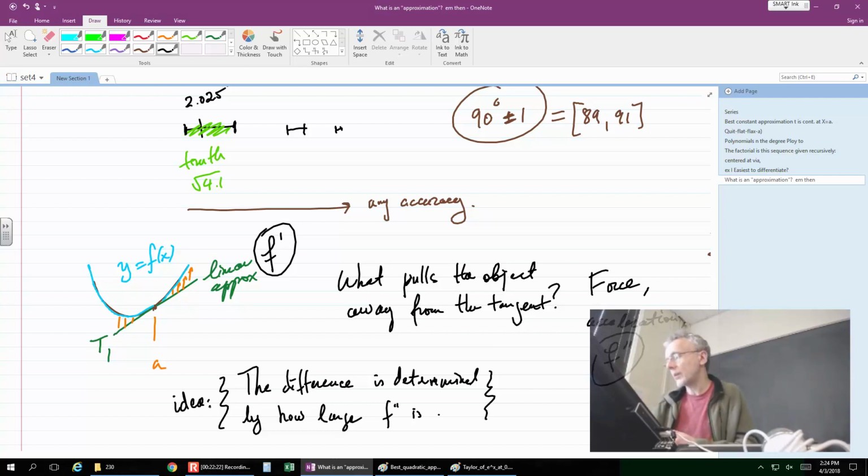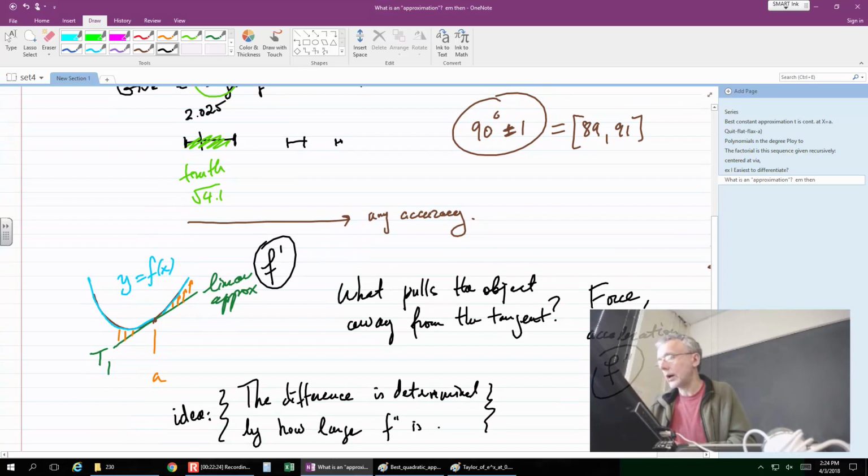We skip over that and go straight to the nth approximation, and you can guess the idea: the quality of the nth approximation will depend on the n plus first derivative.